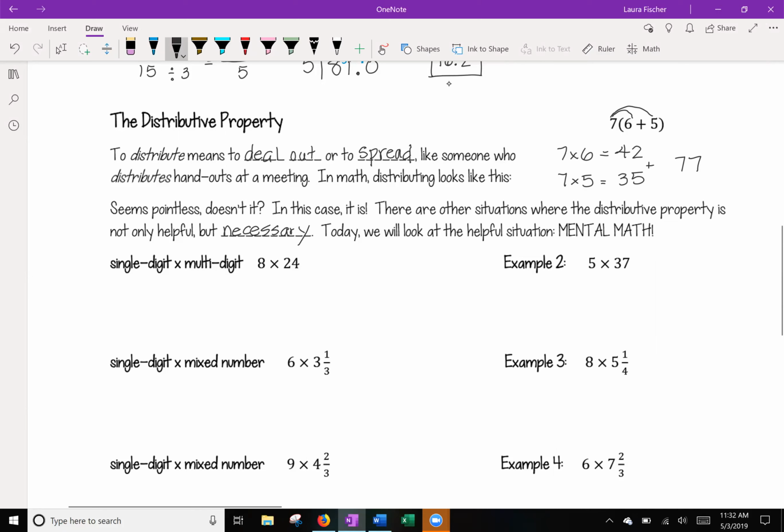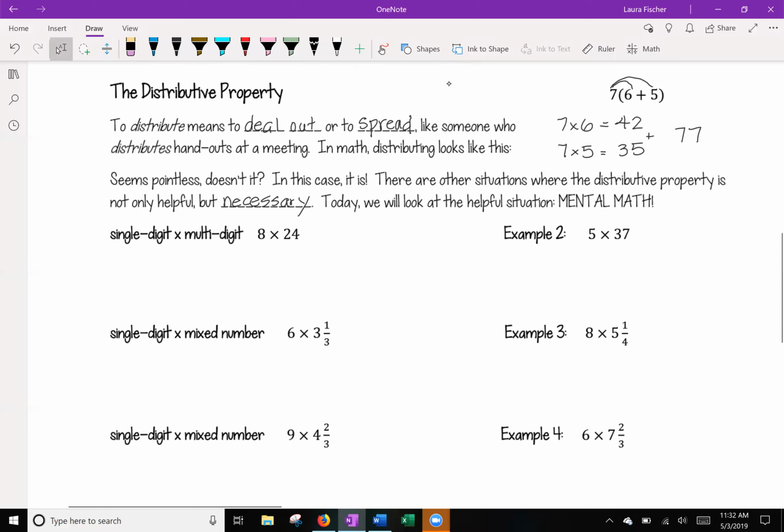And again, this was something I didn't learn until I was an adult, and it's so efficient that I get excited about it, and that is how big of a dork I am. Okay, so a couple different examples of where we can use the distributive property to do mental math.